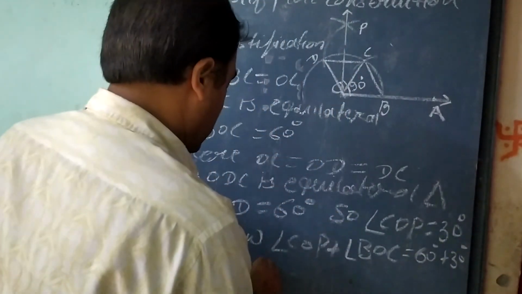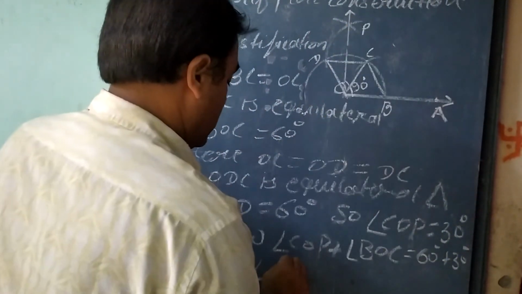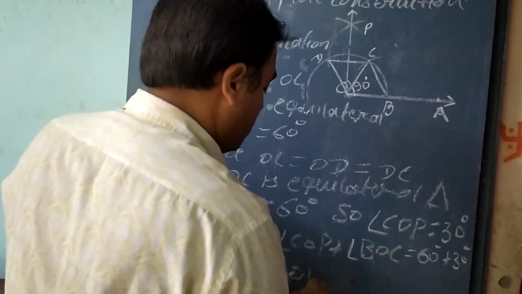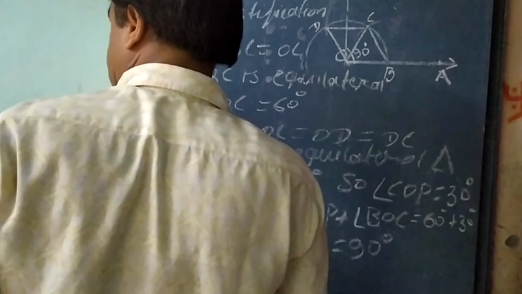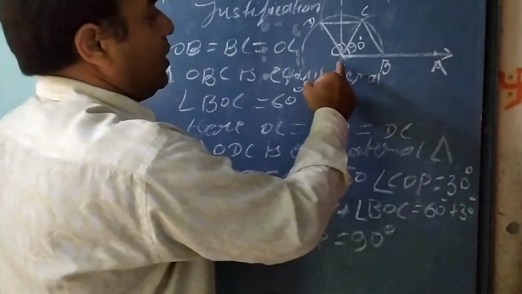So it is equal to angle AOP. So angle AOP equals 90 degrees. So in this way, we have justified the construction of the 90 degree angle.